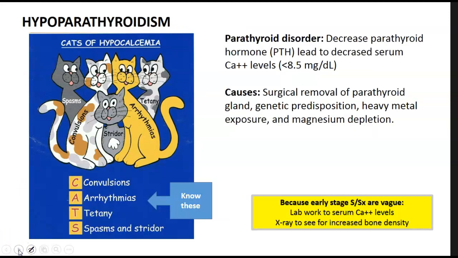Hypoparathyroid, obviously if hyperparathyroid was high calcium levels, hypo will be low. So a decrease will lead to a decrease in serum calcium levels. Causes: surgical removal of the parathyroid gland, some genetics, heavy metal exposure, and magnesium depletion. Hypo can happen not just from removal.